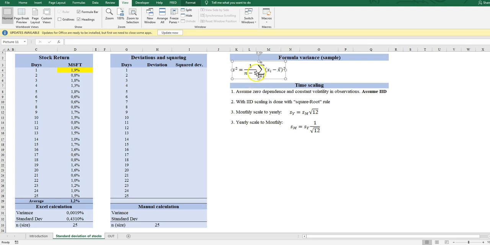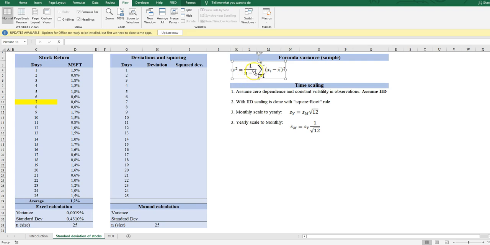And except for the minus 1, it sounds reasonable that to obtain a period variance, it's per period, so here in this case it's a daily variance, we have to divide by the number 25, the size of the sample.